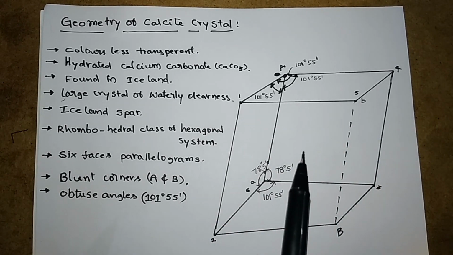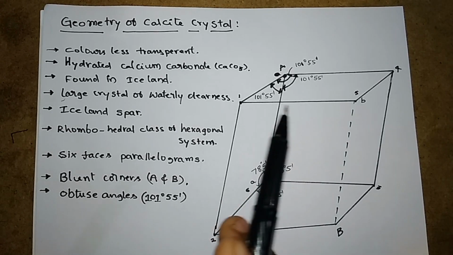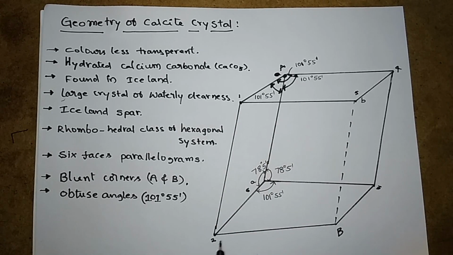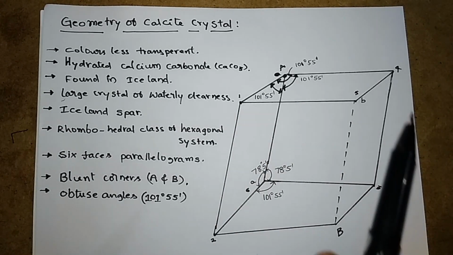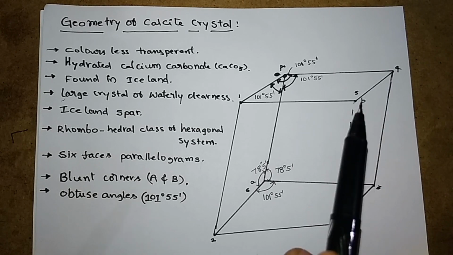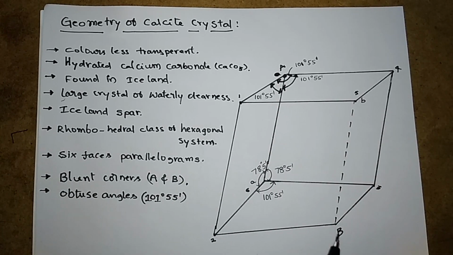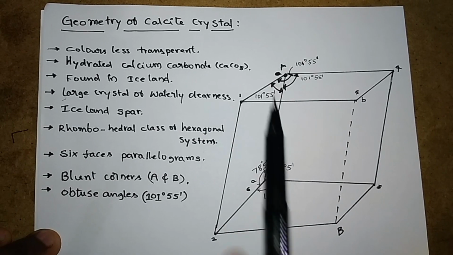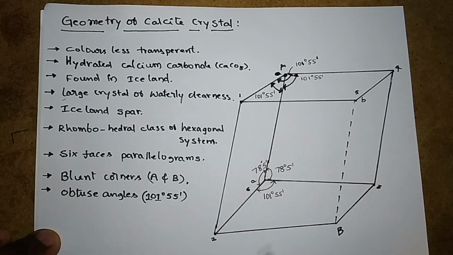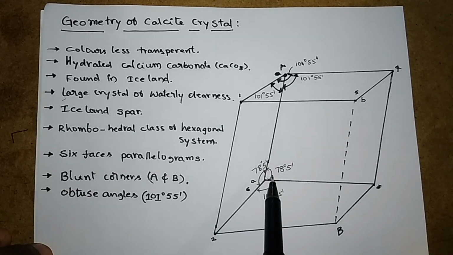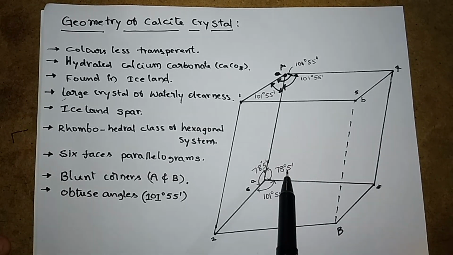In the calcite crystal, we have a total of 8 corners. 1, 2, 3, here is 4, 5, 6 and the remaining 2 are blunt corners. So we have a total of 8 corners in the calcite crystal. Except the blunt corners, we have 6 corners. At those 6 corners, one angle is an obtuse angle, 101 degrees 55 minutes, and the other 2 angles are acute angles.